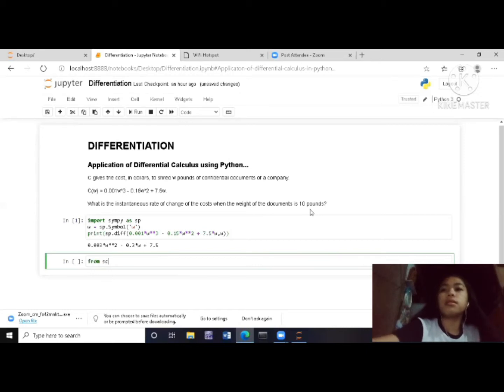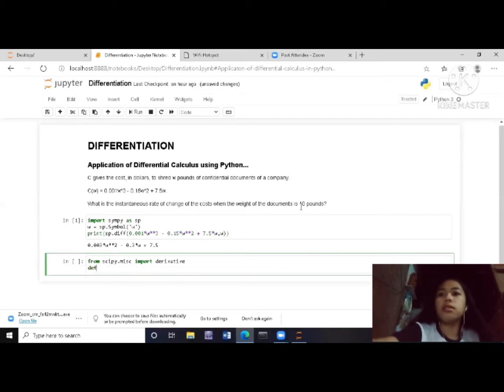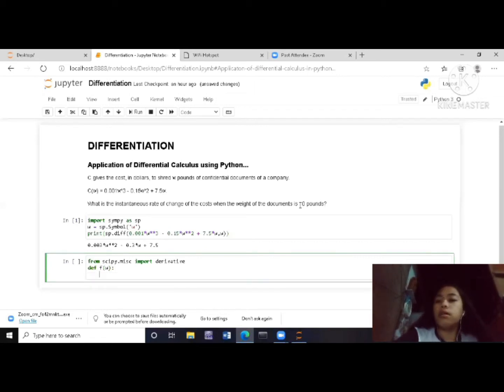From import natin yung derivative. Next, f of w equals return.